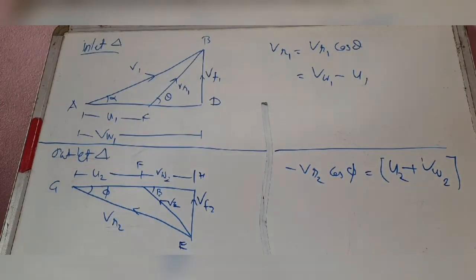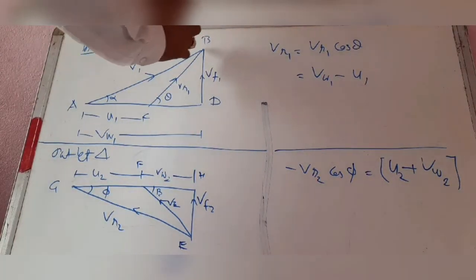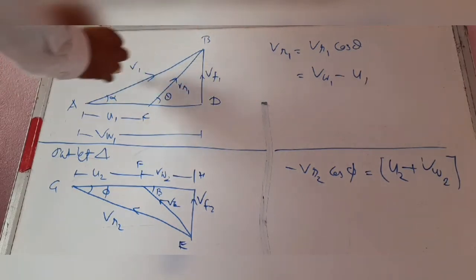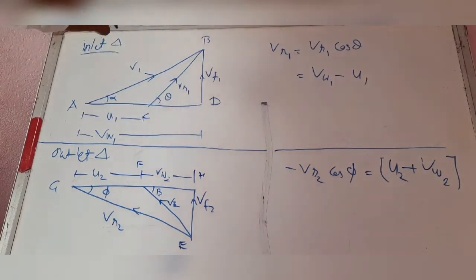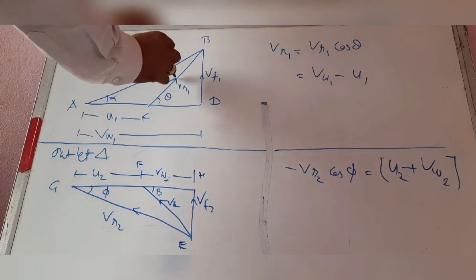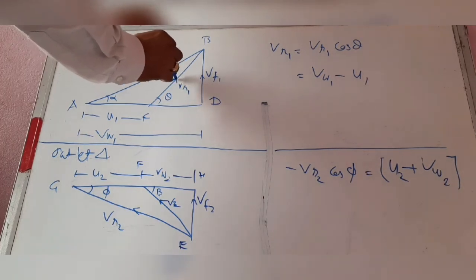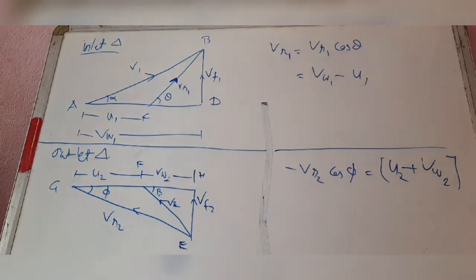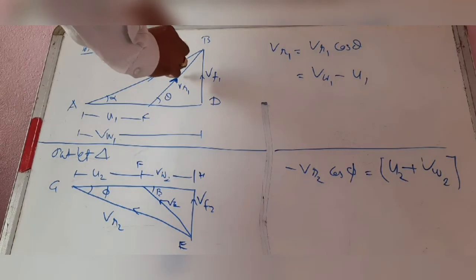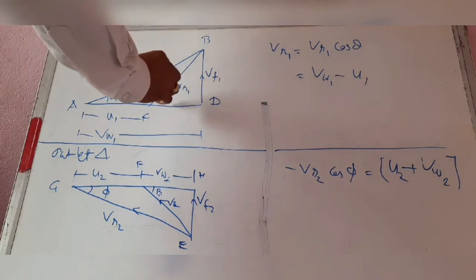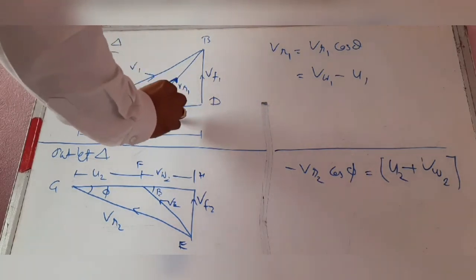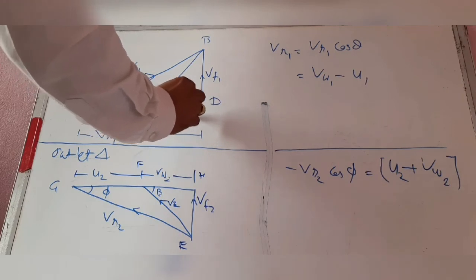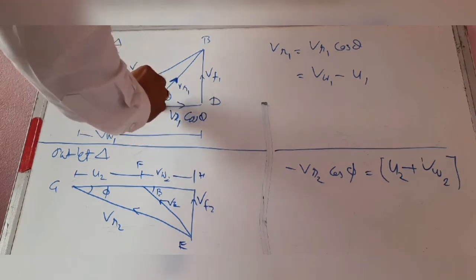I want to make clear that at the inlet we have to calculate the VR1 with which the jet enters the vane. The component in the direction of the jet is VR1 cos theta.